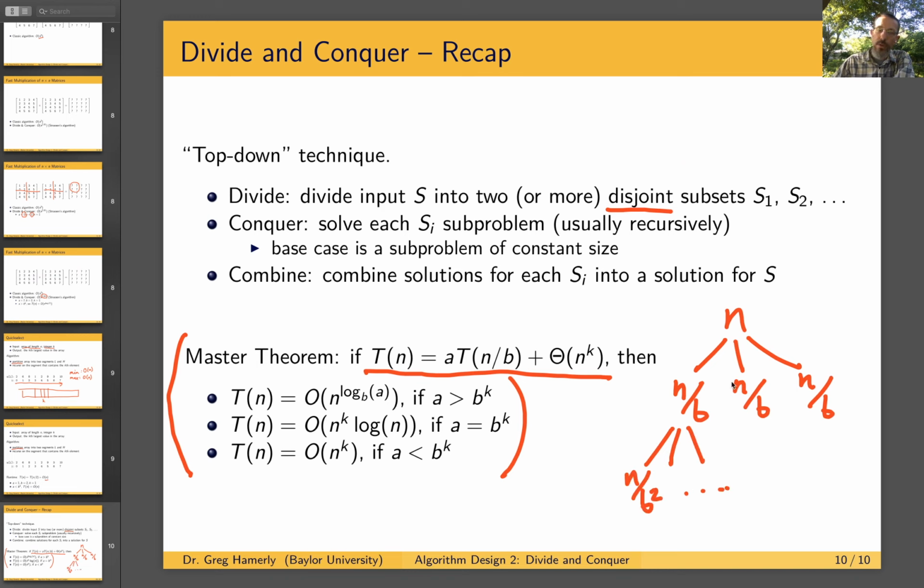And then the question is, how do you prove how much work you do at each of these? Well, you have n to the k work here, and you have n over b to the k work here, and you have n over b squared to the k work here, and so on. And so you prove that the sum of all of these things is one of these. And it looks a little nasty. It's actually quite elegant and fun to prove. So I hope you give that a try.